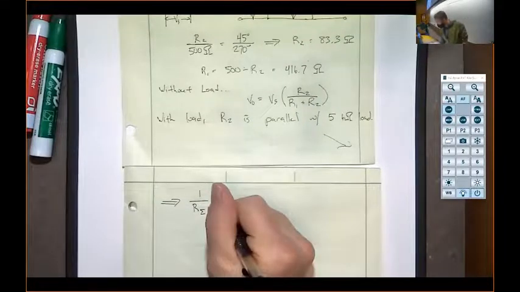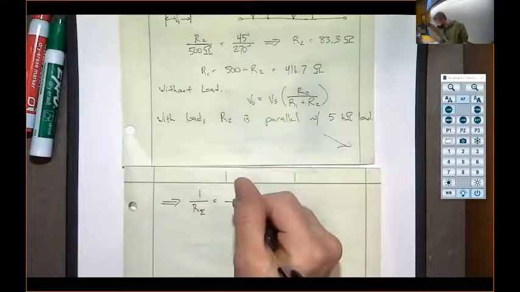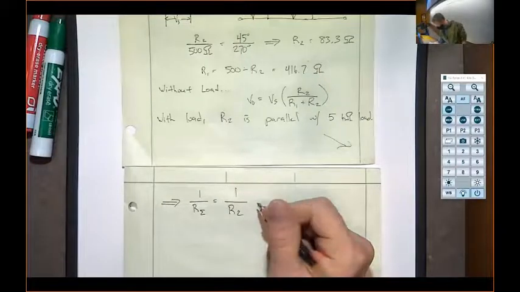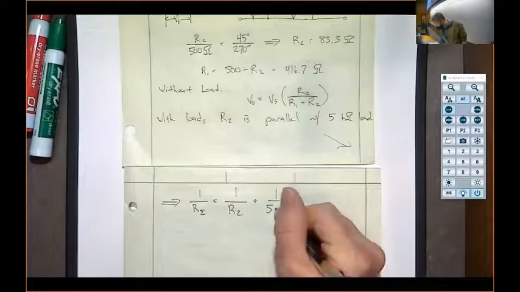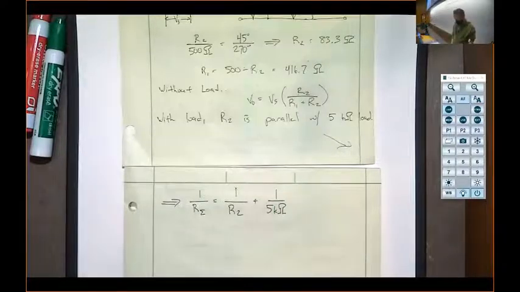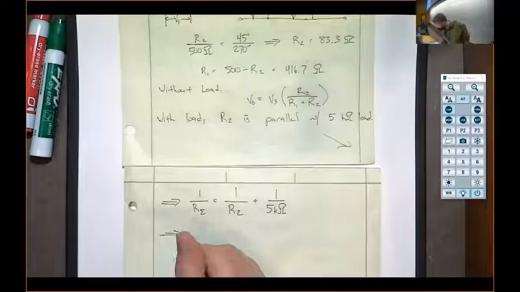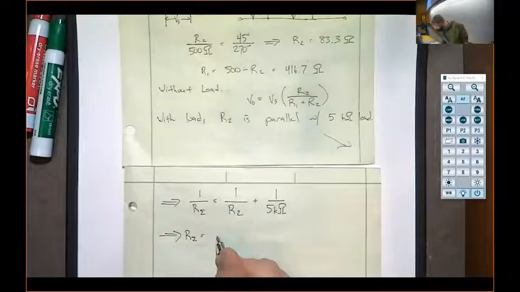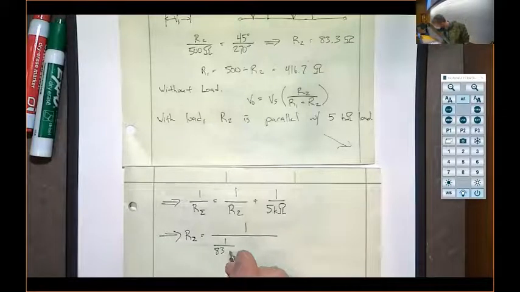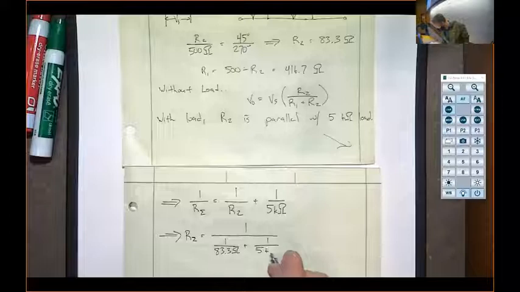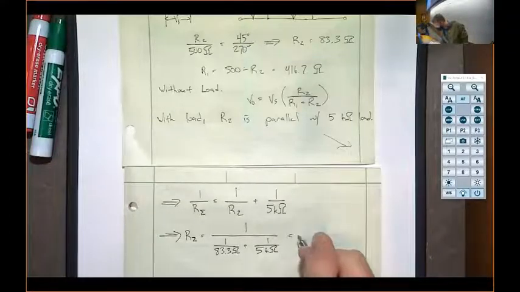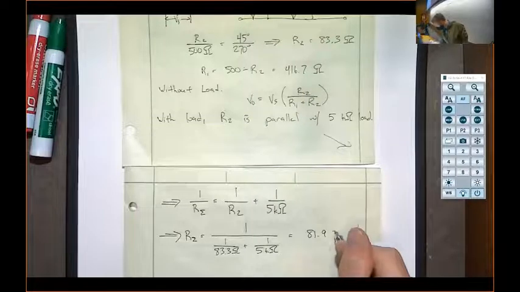It's going to be equal to 1 over R2 plus 1 over 5 kilo ohms, just adding resistors in parallel. So R sigma is going to be equal to 1 over 83.3 ohms plus 1 over 5 kilo ohms, and that is 81.9 ohms.